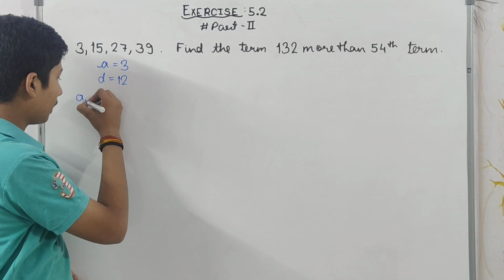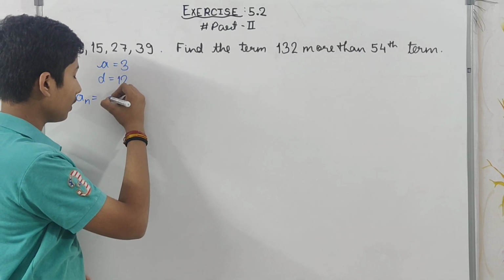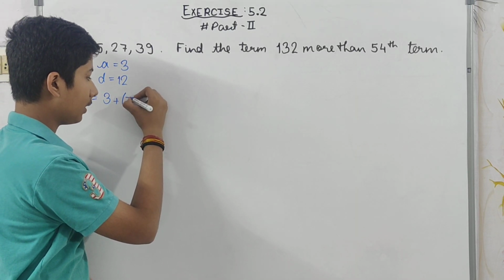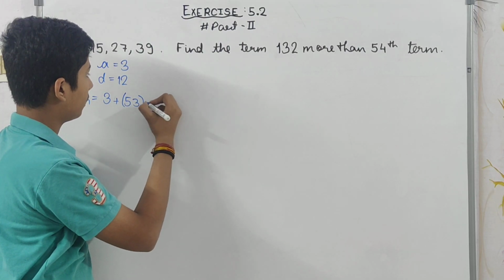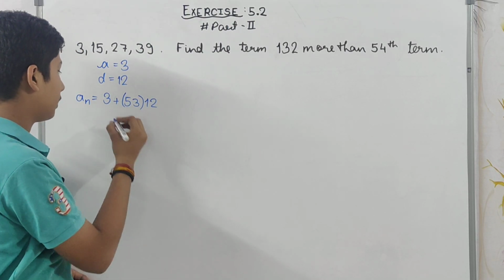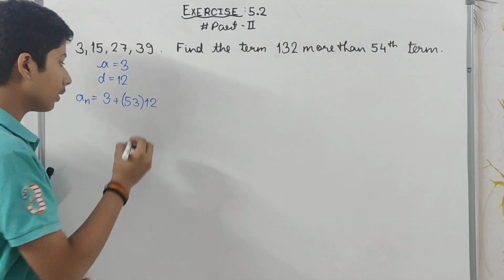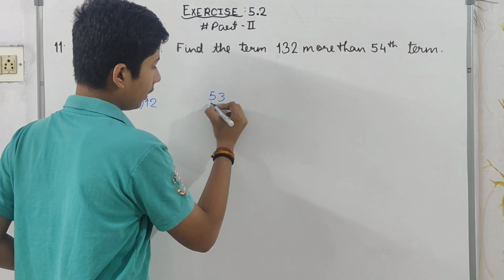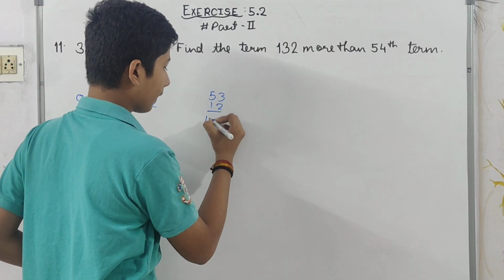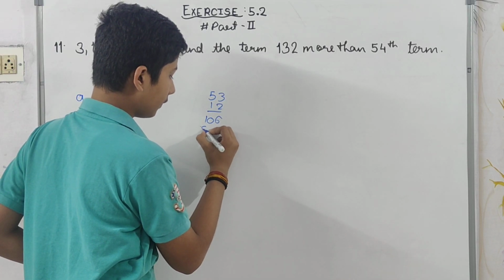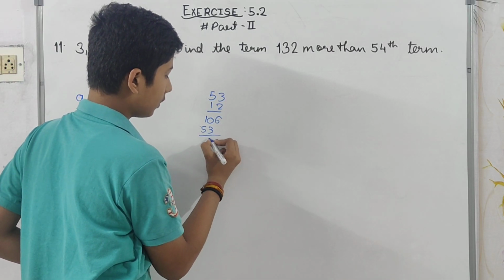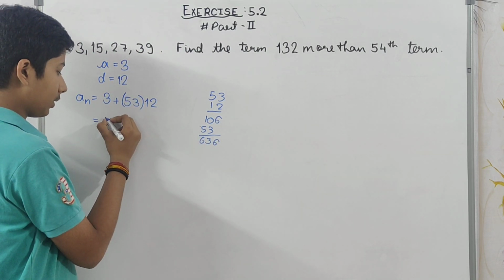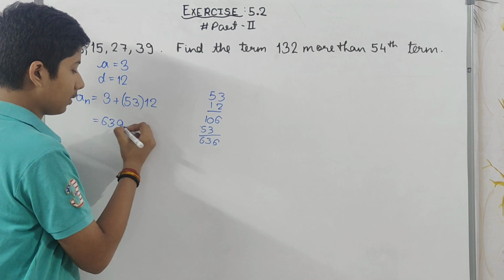So a54 equals 3 plus (n minus 1), which is 53, times 12. So 12 times 53 is 636. So 636 plus 3 is 639.